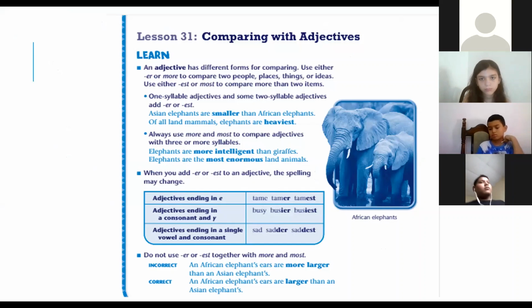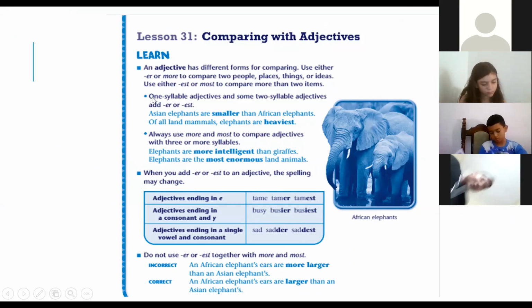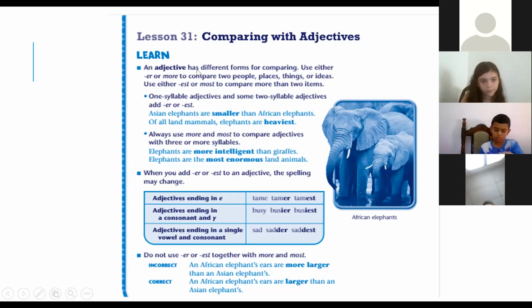Remember, when we are comparing, we compare one thing with another or with many others. We have here a little definition. It says, an adjective has different forms for comparing. Use either ER or more to compare two people, places, things, or ideas.